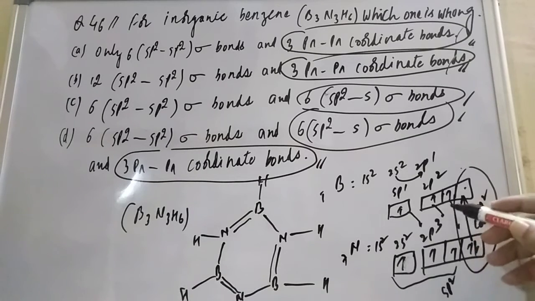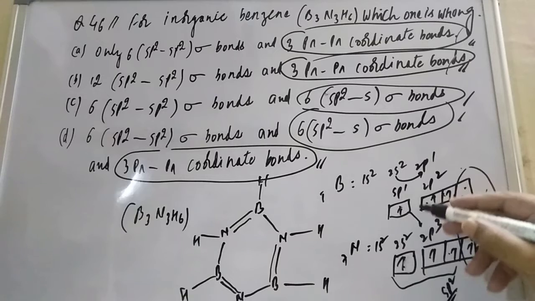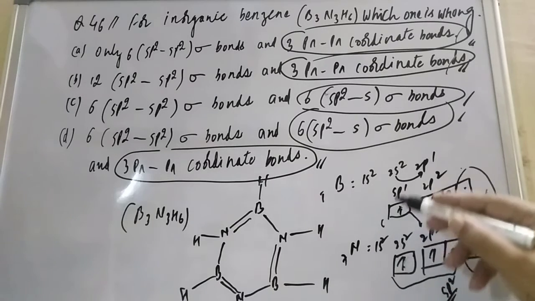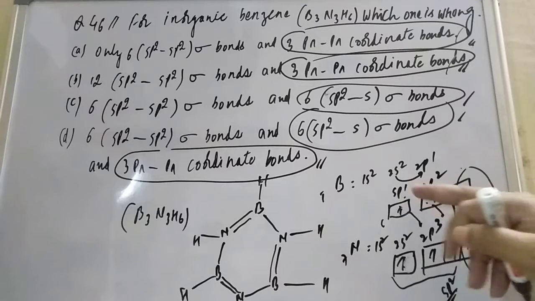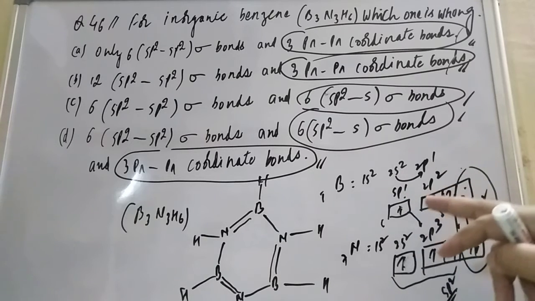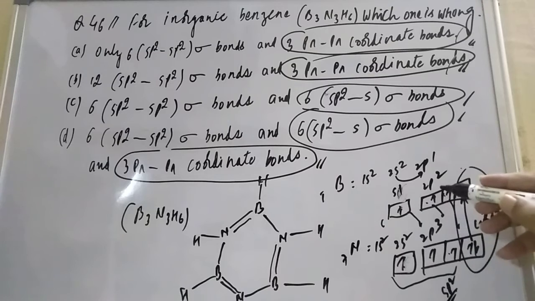If you see how many unpaired electrons there are, 1 2 3, and here also 1 2 3 unpaired electrons. So it goes sp2, and here it is also going sp2, because here you see one s orbital and 2p2.